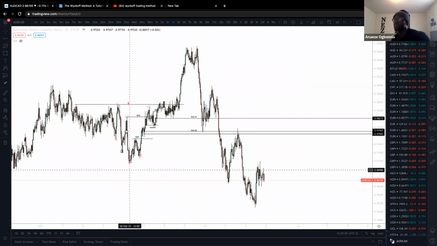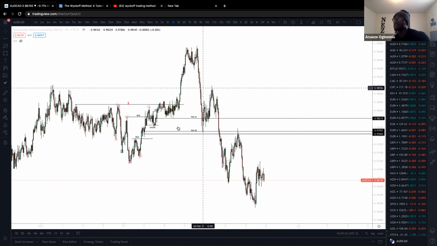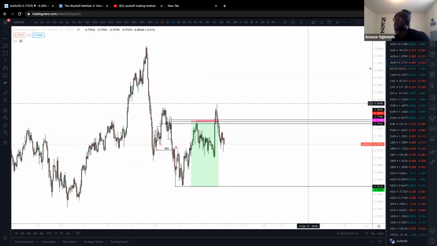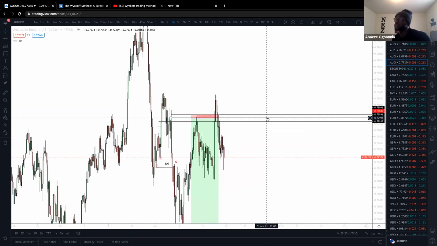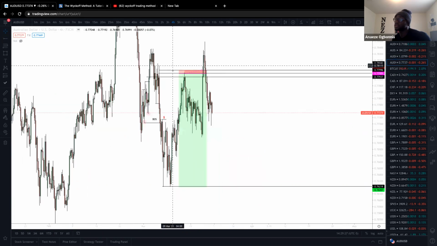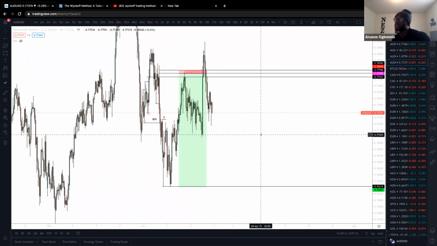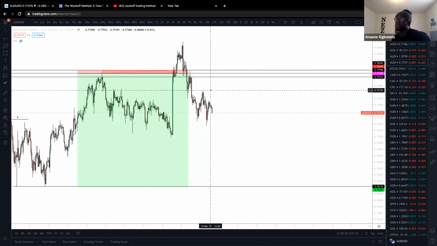All right, perfect example of breaker structures, entries, accumulations, upside. But once you learn how to chart, you can pretty much chart any single thing. This was going my way until of course we can see DXY started shooting up, but my stop loss was at break even anyway, so it didn't really matter.